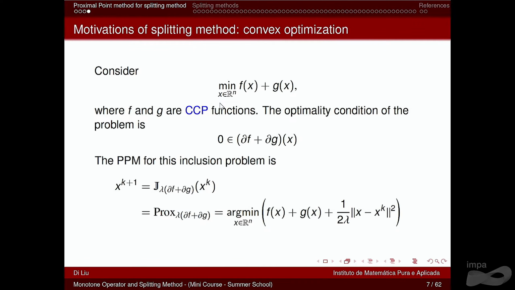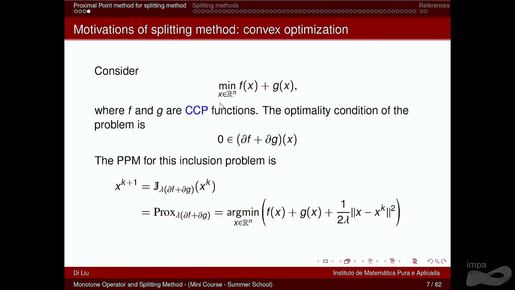We want to minimize the sum of f(x) plus g(x), where both f and g are CCP functions on the whole space. Then the optimality of this problem is equivalent to solving this inclusion problem.